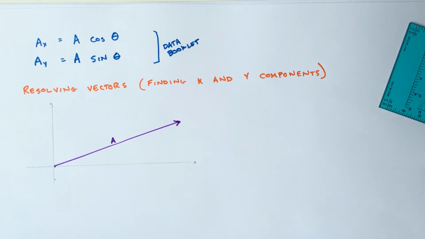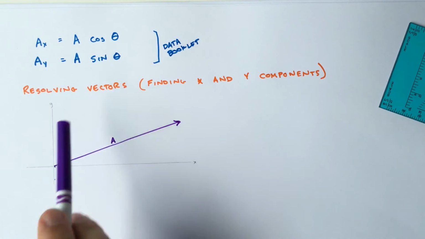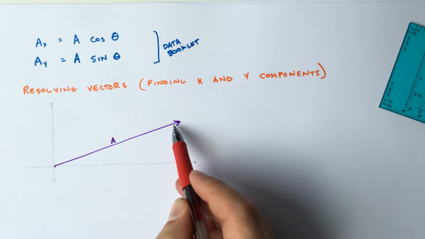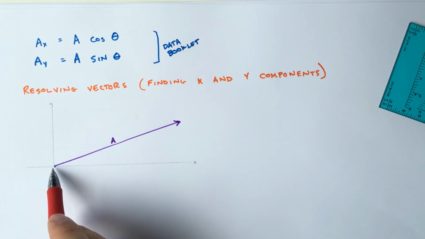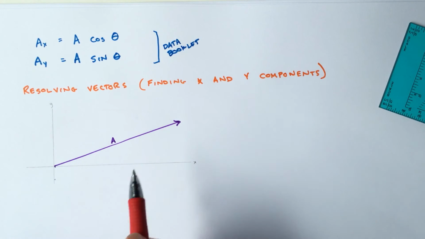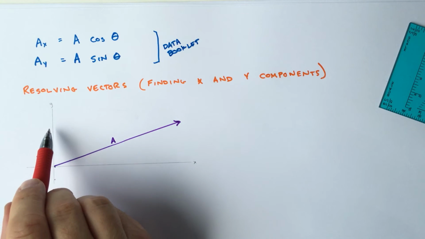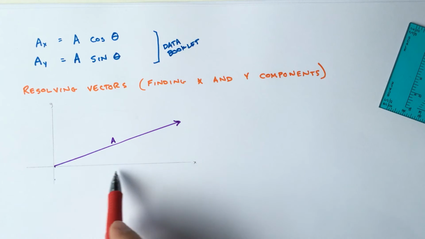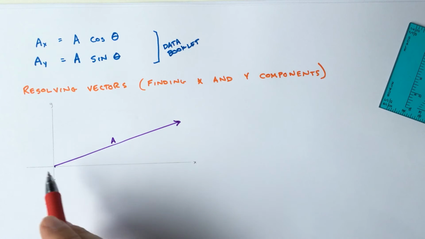And what resolving vectors calls on us to do is this, is to say, all right, well, this vector A is really a vector that goes both up and to the right at the same time. In other words, it goes both in the y direction and the x direction in the same time. And it goes some amount more in the x direction than in the y direction, right?